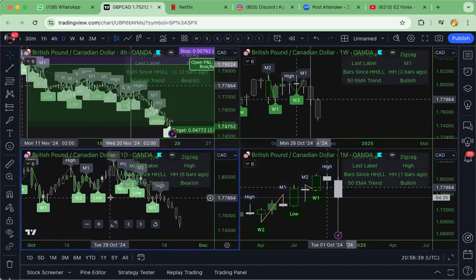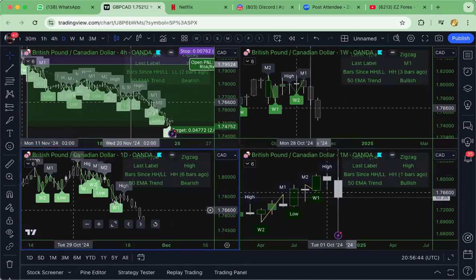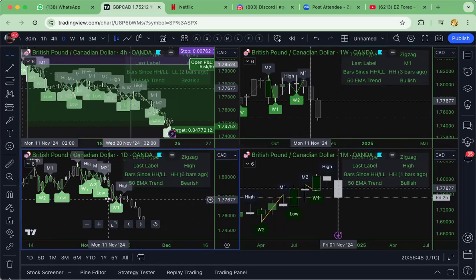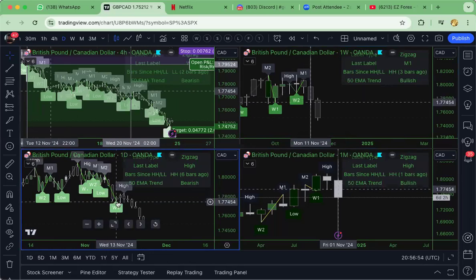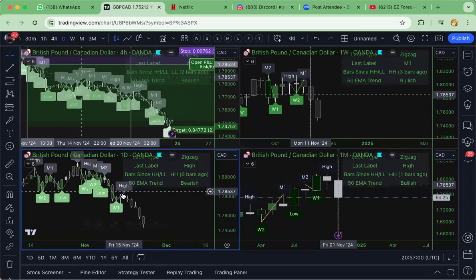Okay, now let's go over to where this one started from. Remember, my crosshair is following every single chart and table here. You can see it moves on all 4 of them, okay? So here, boom. This is Monday the 11th over here. So great. What we're going to do is just move forward, move forward, move forward. And then right over here on Friday, we can see on the 15th, there was a high on the daily time frame as well.